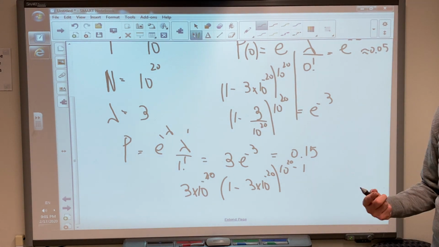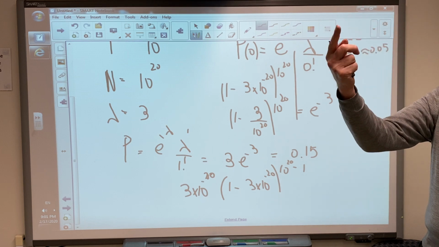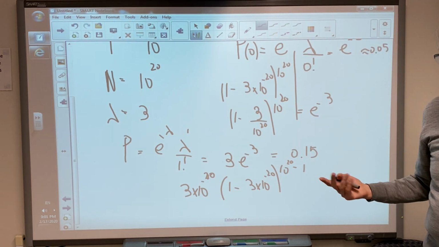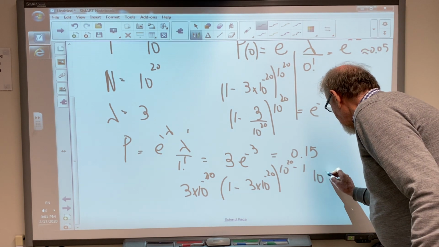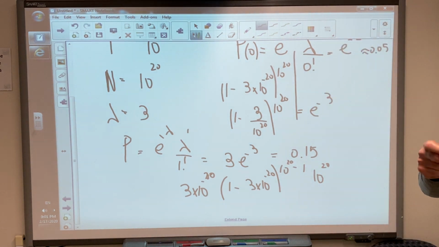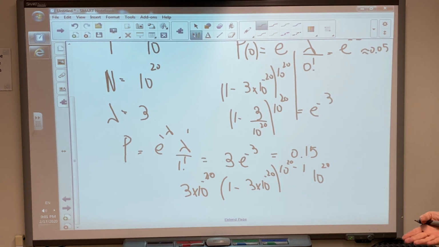And I have to multiply this by the combinatorial factor, which is all the ways of choosing one atom from 10 to the 20. How many ways do I have to choose one atom out of 10 to the 20? 10 to the 20, because I can choose any one of them.